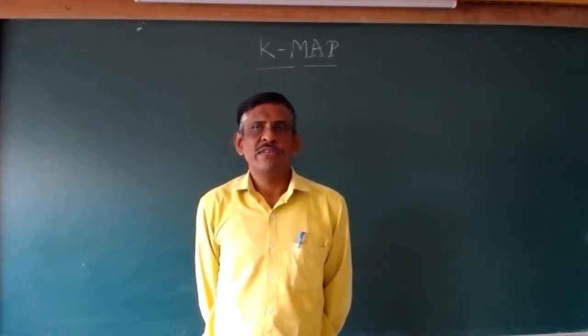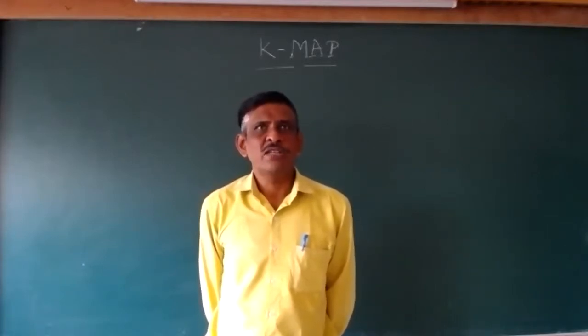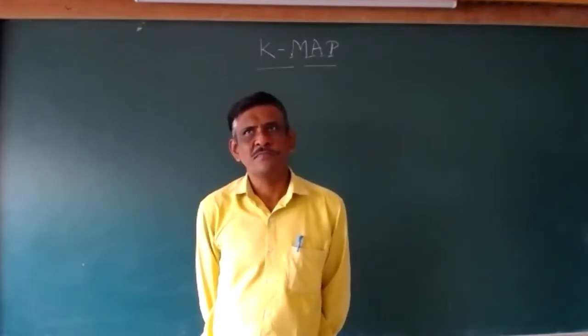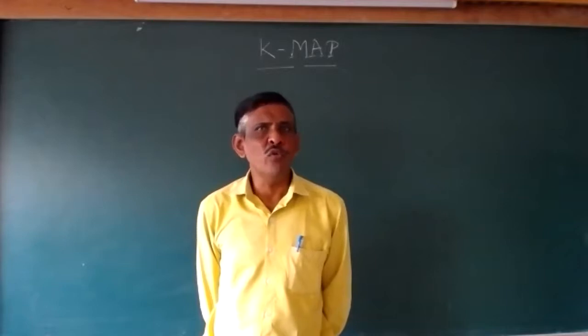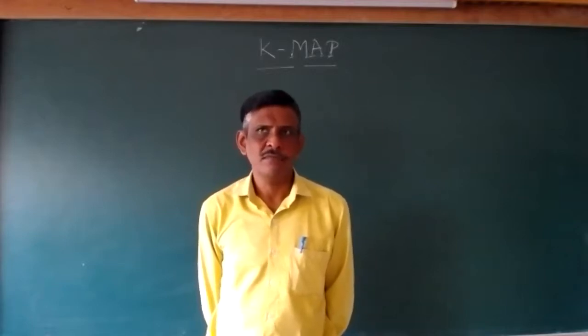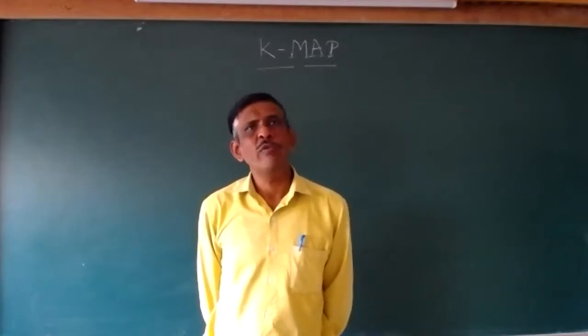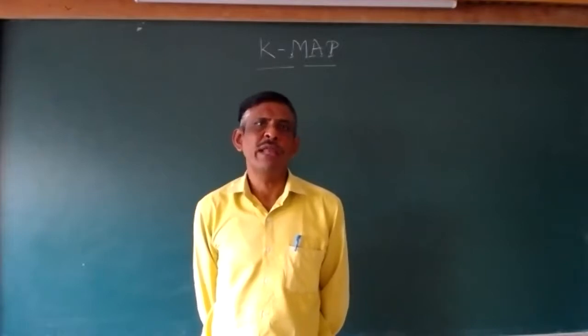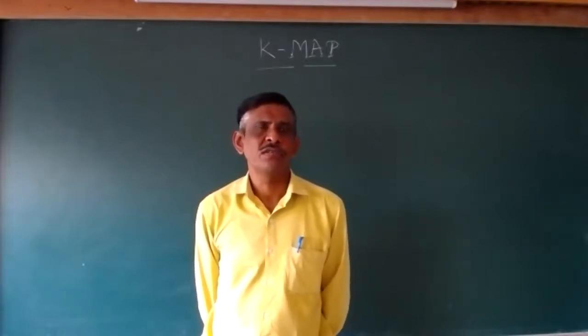So first we start with an expression. Assume that it has only 2 variables, A and B are the only 2 variables. How do we prepare a Karnaugh map for 2 variables? First we check it.